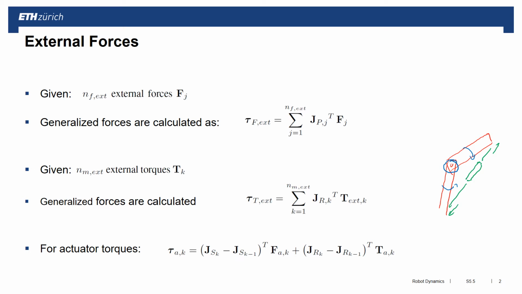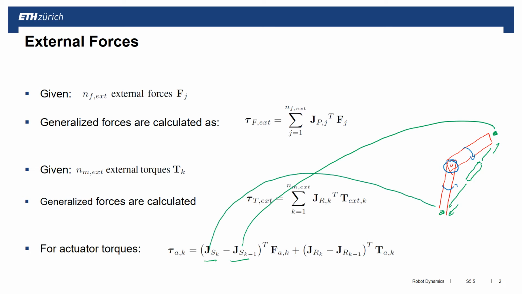So that means what we're typically doing is taking the Jacobian of this point and the Jacobian of that point times this force. And one is negative and the other one is positive. So we have the action and the reaction. And the same happens for torque.